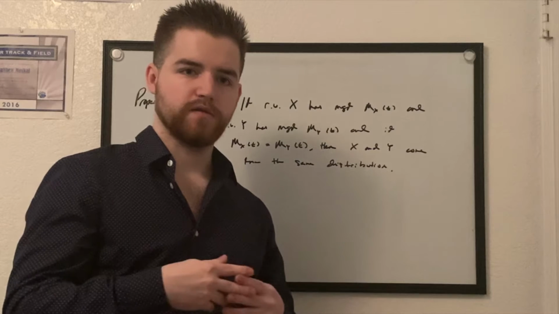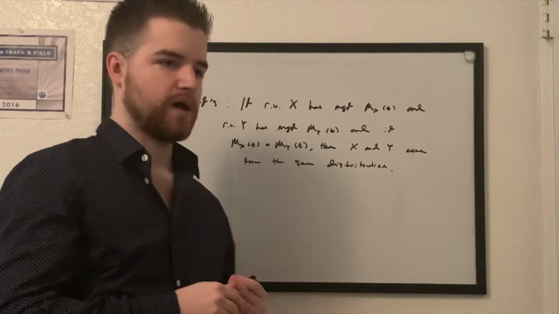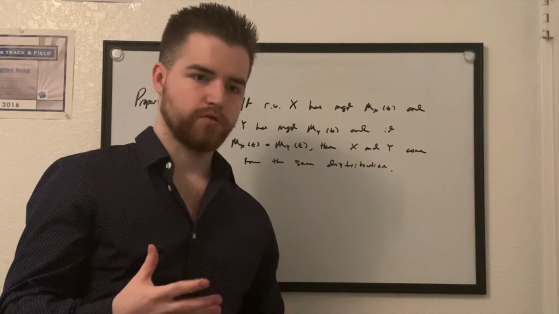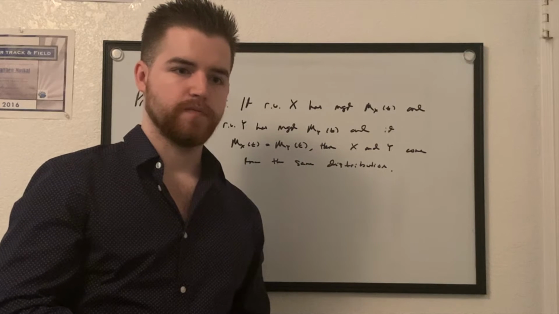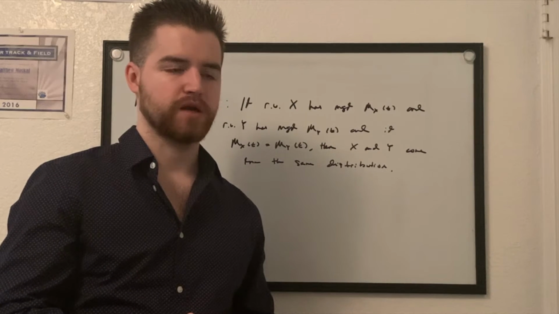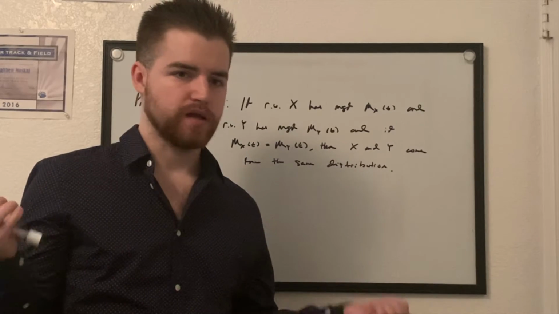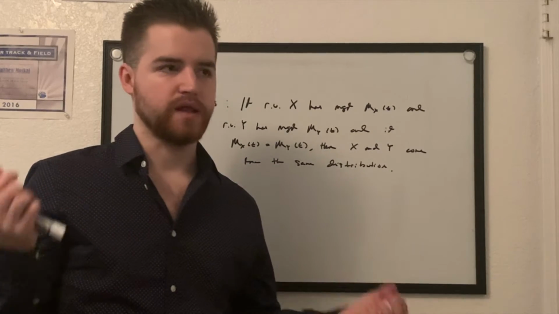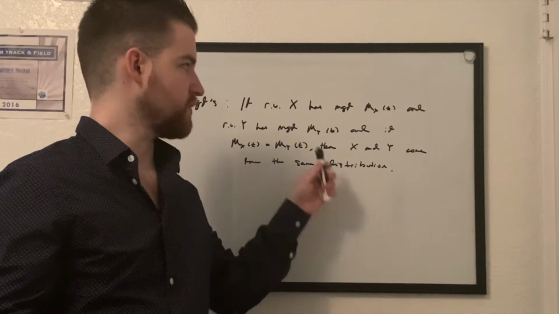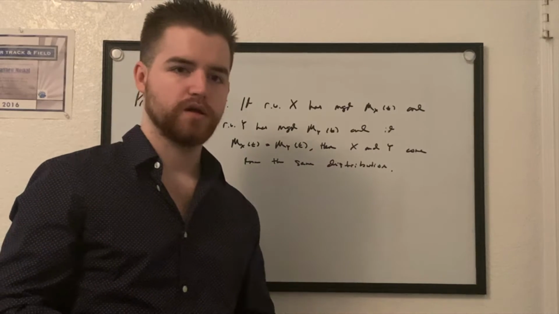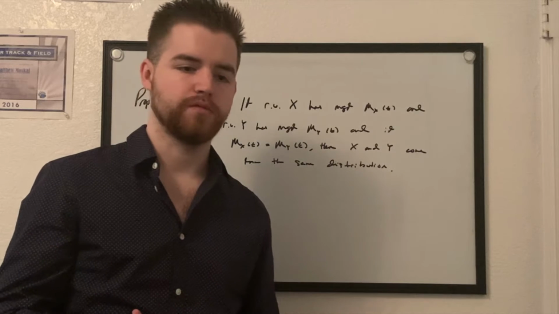Because all their moments are equal to one another, they come from the same distribution. Whereas if one's expected value was A, another one's was B, and they had different variances as well, this would imply that they probably come from different distributions. But if you can show the moment generating functions are equal, this will imply the moments are equal, and thus that they come from the same distribution.